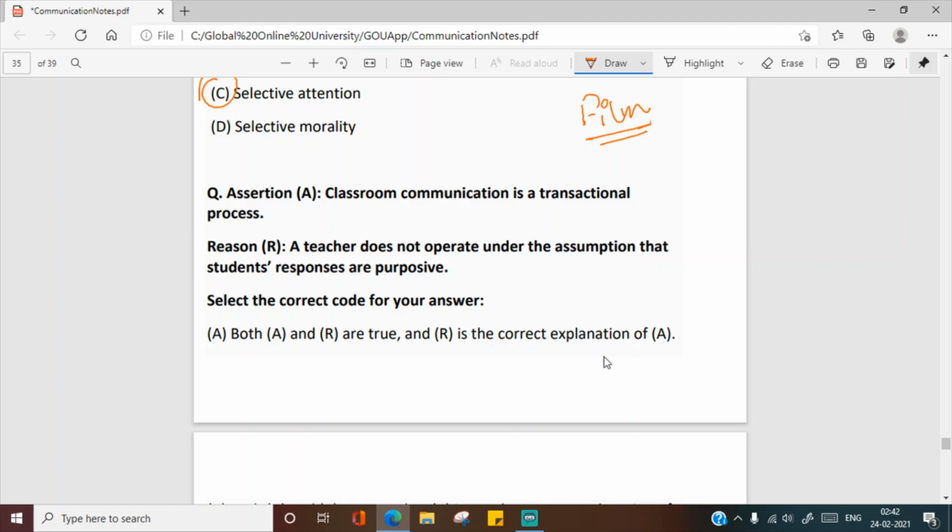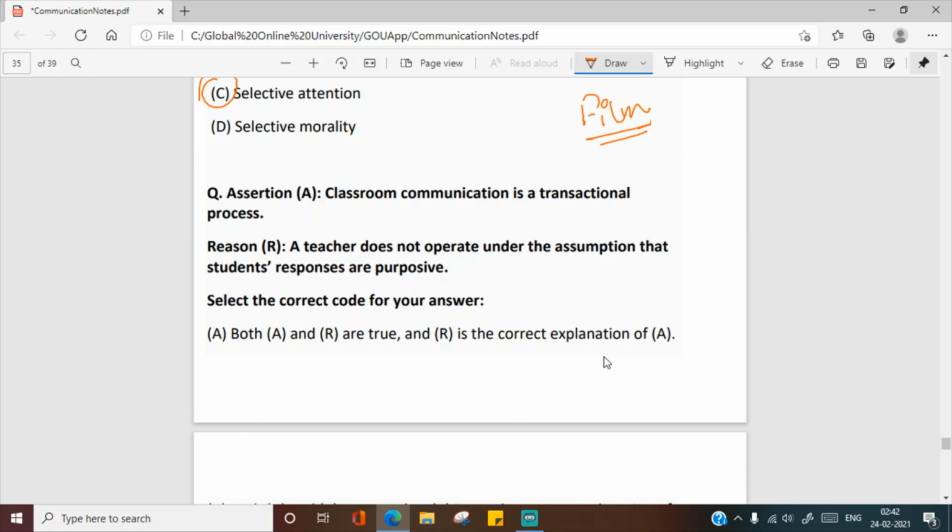Classroom communication is a transactional process. So the assertion is this. The reason says a teacher does not operate under the assumption that student responses are purposive. So what is the meaning of purposive? Purposive means that there is a particular purpose in the response.